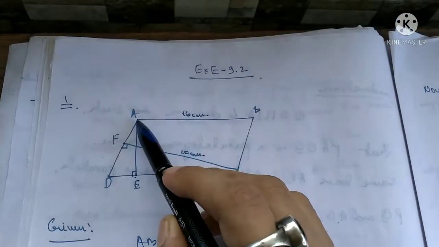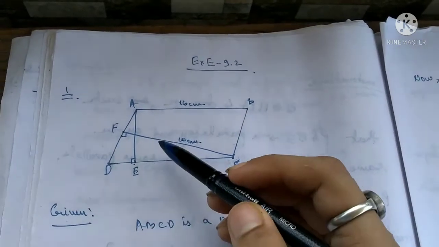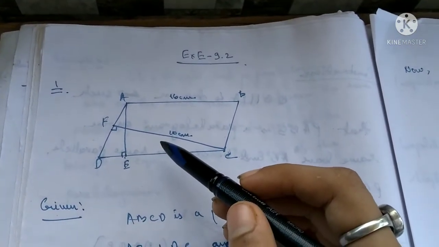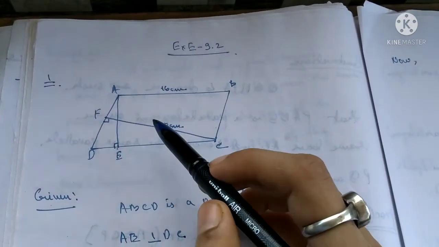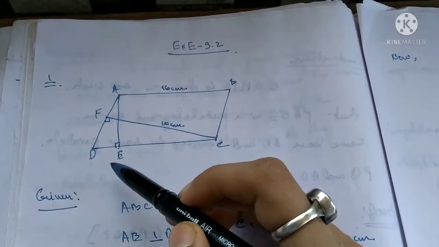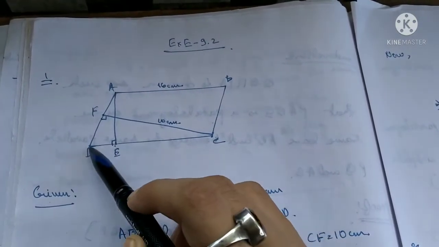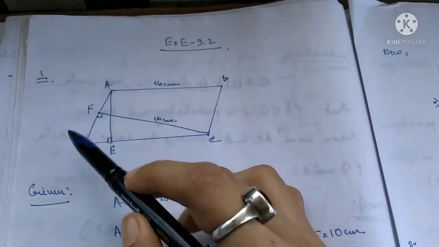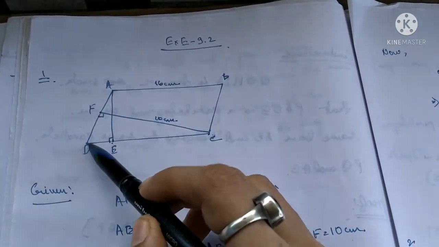This is the parallelogram ABCD. Now to find the area of a parallelogram, we know the formula: it is base into height. So first of all, I will take this height AE and base DC. So the area of parallelogram ABCD will be equal to AE into DC.